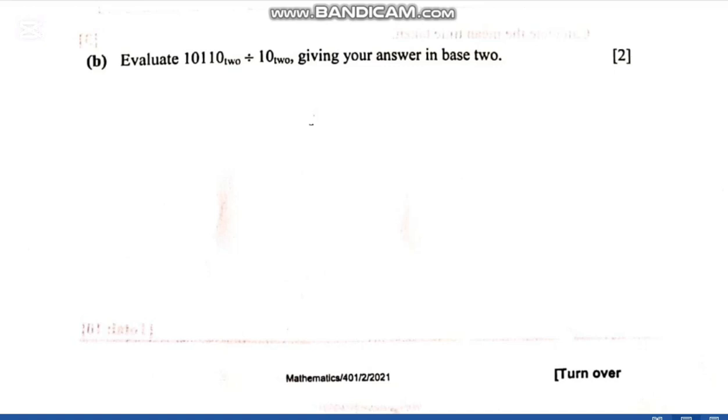So we're starting with the first one. 1 times 2, then plus 0 times 2, then plus 1 times 2, plus 1 times 2, then plus 0 times 2.